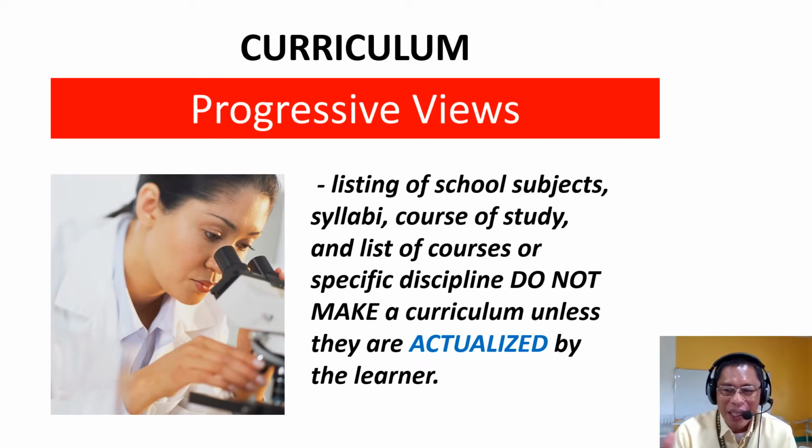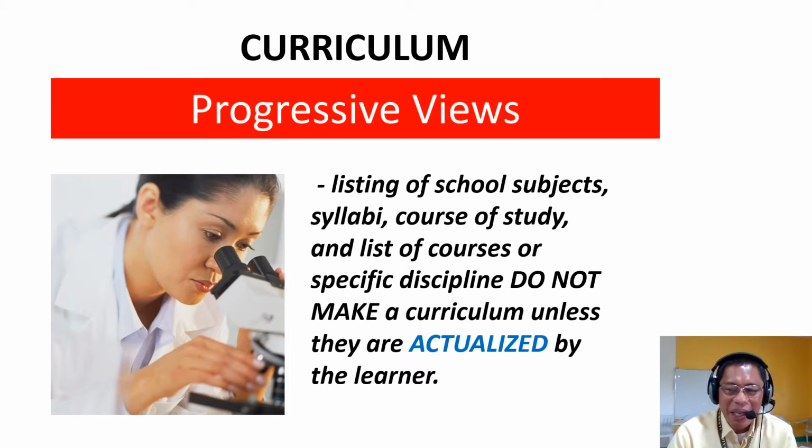Ano po ang ibig sabihin ng actualized? From the word act, pwede rin actual. Ibig sabihin, if the learner is able to perform, to do, to apply the knowledge, skills, and values and competencies contained in the syllabus or lesson plan, that's the time that list of subjects becomes a curriculum.